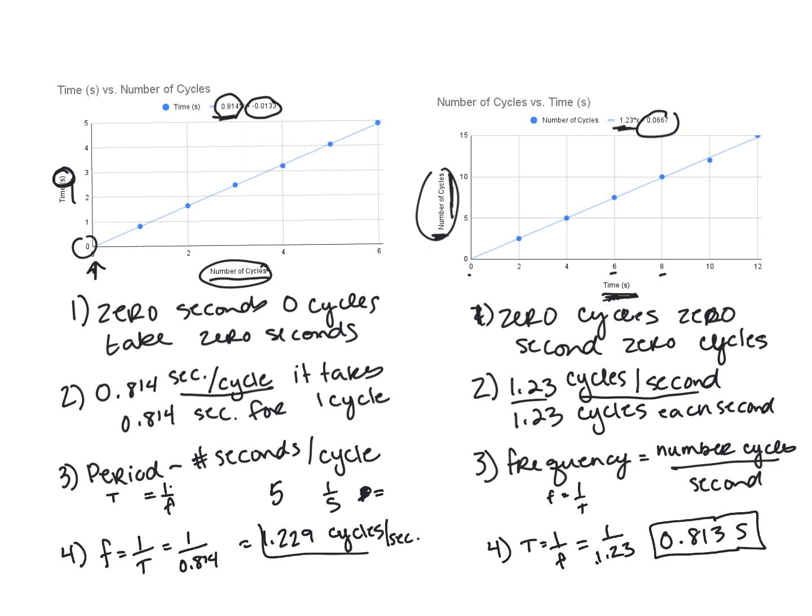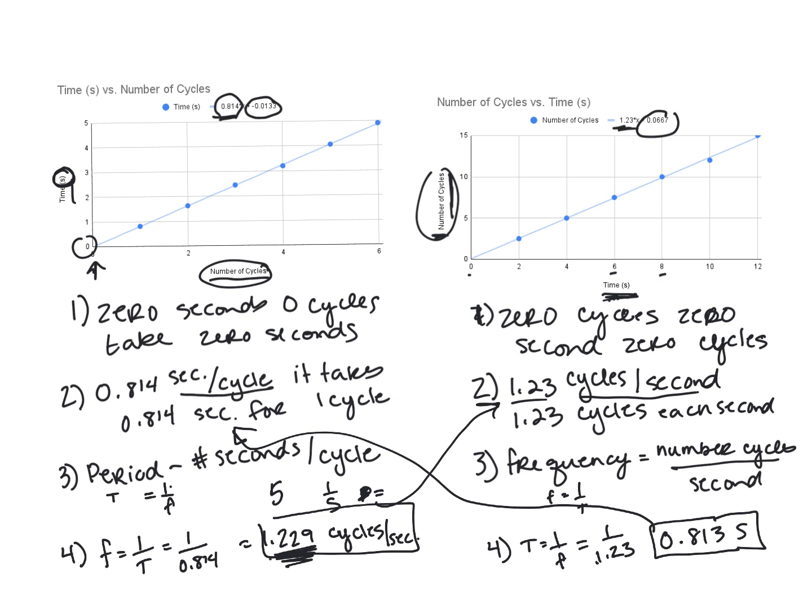Now, if you notice my numbers, my frequency here is pretty close to what I had here, and my period for this one is pretty close to that graph there, because I used the same spring, I used the same mass, I collected this data at the same time with the exact same system. So these are just reciprocals, and you can see that when I calculate the other one.